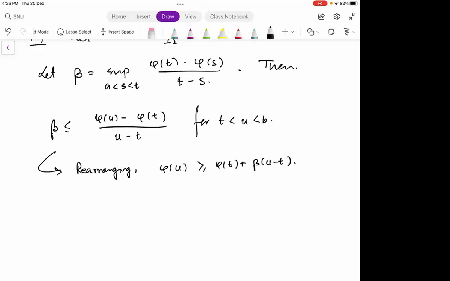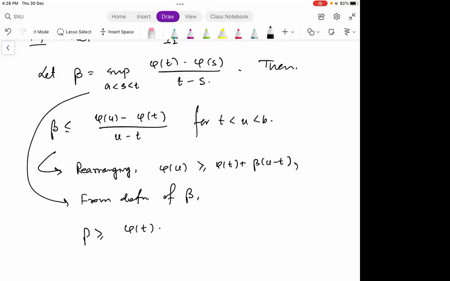That's very simple. And from the definition of beta, because beta is the supremum, beta is greater than or equal to (phi(t) minus phi(s)) divided by (t minus s).